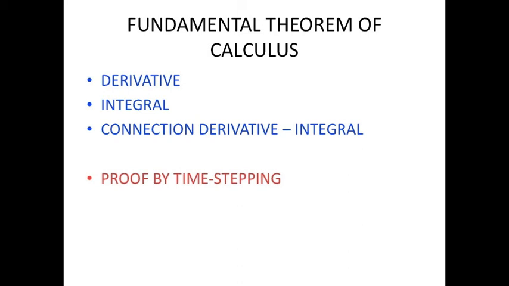The scientific and industrial revolution was initiated by the calculus of Newton and Leibniz in the late 17th century. The fundamental theorem of calculus expresses the essence of calculus as the relation between derivative and integral. We shall now see that the fundamental theorem can be viewed as resulting from time stepping.